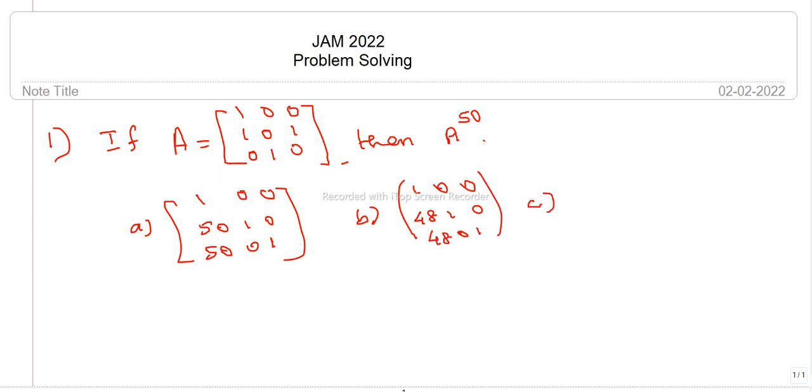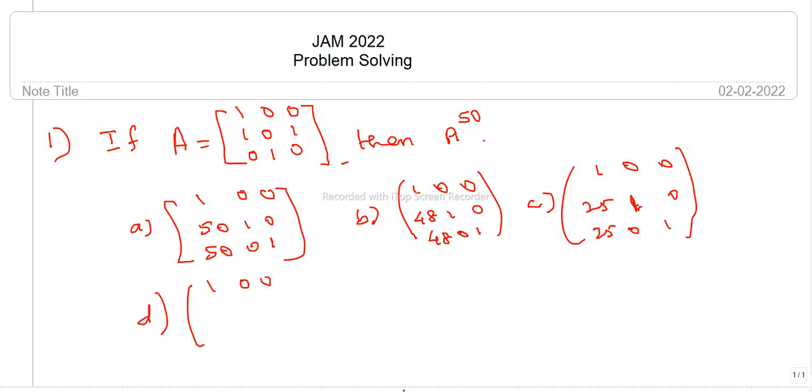The third option is [1 0 0; 25 1 0; 25 0 1]. The fourth option is [1 0 0; 24 1 0; 24 0 1].